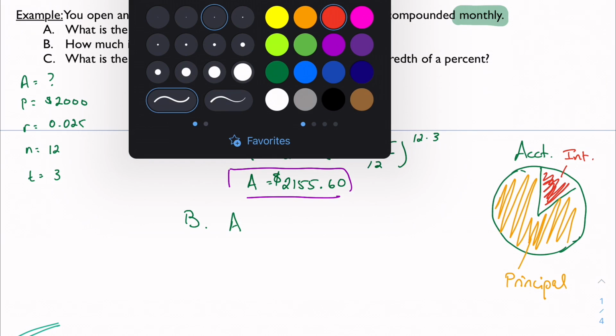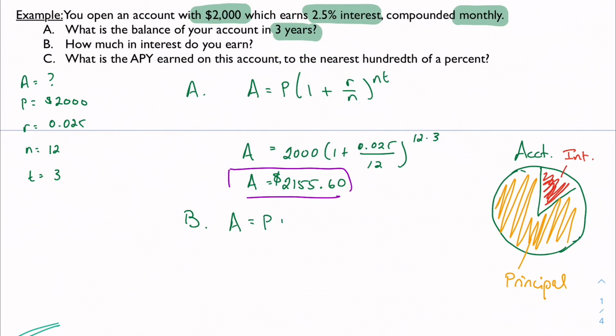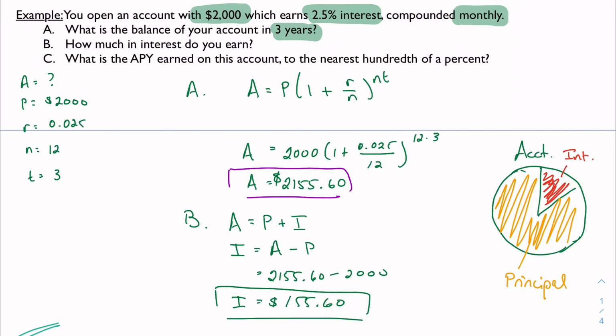So the account balance is the sum of my principal plus my interest. Or in this problem, it's maybe easier to think about it as the interest being the account balance minus the principal. So I'm just going to subtract $2,000, and I've realized that I've earned $155.60.